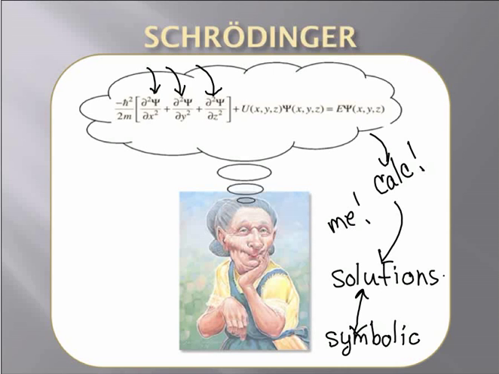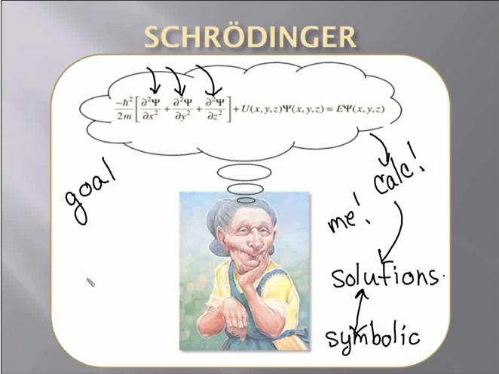So that's where we're headed. Our goal is to find a region in space where we can find that elusive little electron. And we'll find that the best we can do is find a region in space where there's a 90% probability of finding an electron with a given energy.